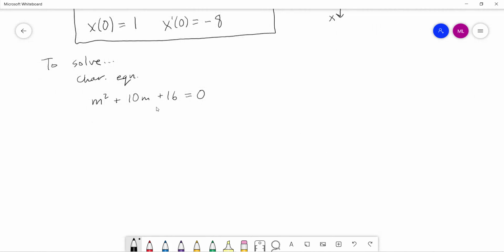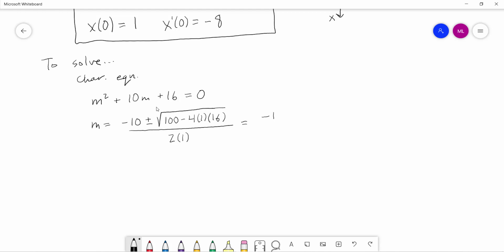I don't see a real obvious way to factor this, so I think we're just going to use the quadratic formula. M should be equal to negative 10 plus or minus the square root of 10 squared, which is 100, minus 4ac, so 4 times 1 times 16, all over 2a.